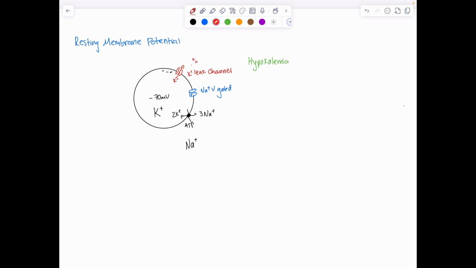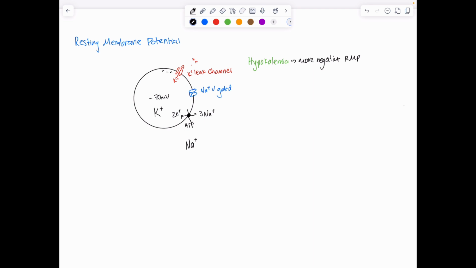This is going to cause this concentration gradient to be stronger, pushing out more potassium, leaving behind more negatives. And so with hypokalemia, we have a more negative RMP because of having less potassium on the outside of the cell.